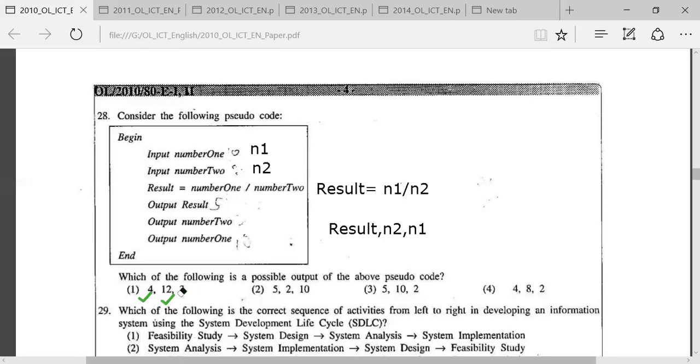Here this is n2, this is n1, right? But the order is n1 divided by n2. So there are so many confusions, right? So 3 divided by 12, which is 1/4. So that is wrong, right?